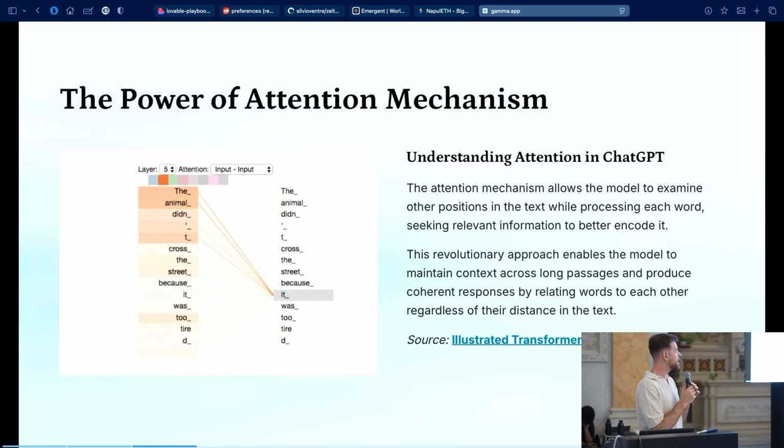The attention mechanism allows the model to examine other positions in the text, identify the most important word, and process every word to define the final sentence, and only after that is attention focused on the single, right term.